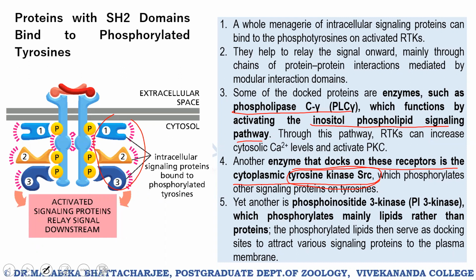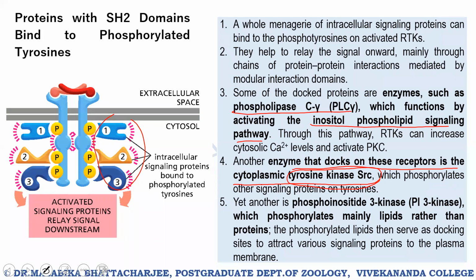Why are they called SRC? Because it has been seen that they have a definite structural part in their conformation, which is known as the SH2 or SRC homology domain.